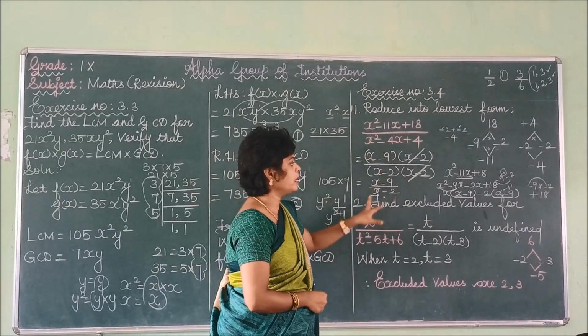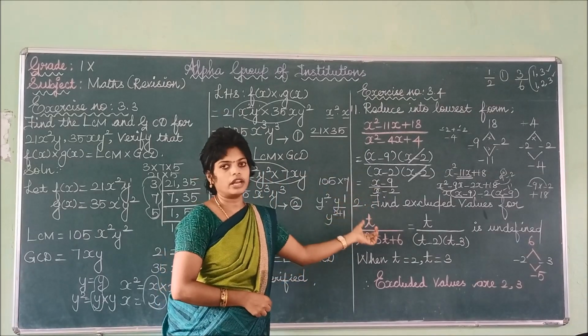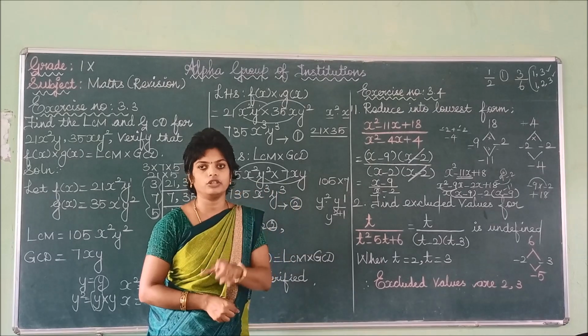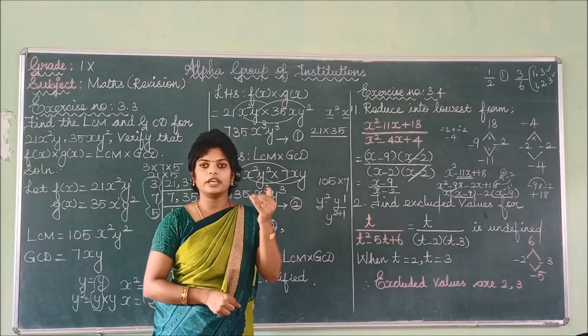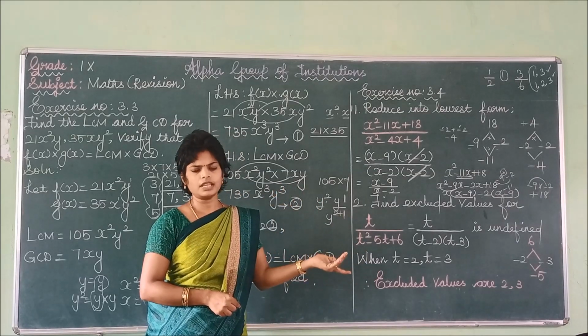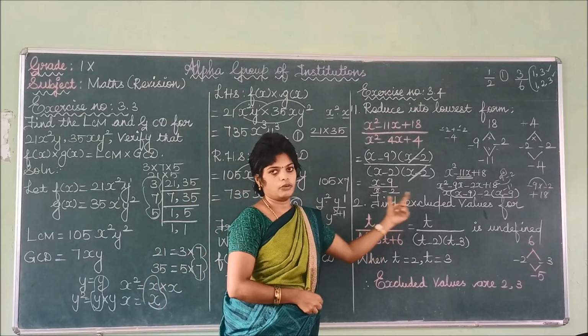So in this problem, the denominator doesn't equal 0. But when you are finding the excluded value, you have to take that q of x equal to 0. So generally, if it is a rational expression, p of x by q of x, q of x is not equal to 0. But for finding the excluded value, you can take that denominator equal to 0.